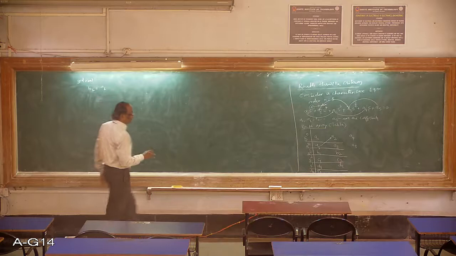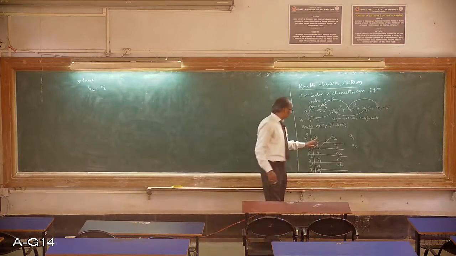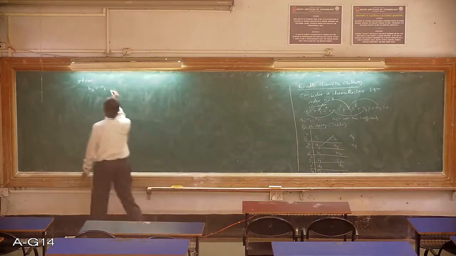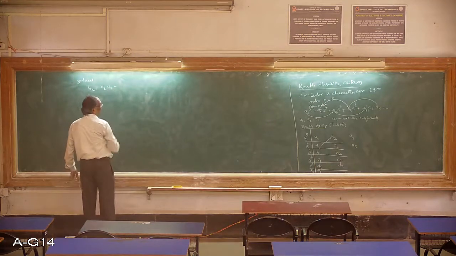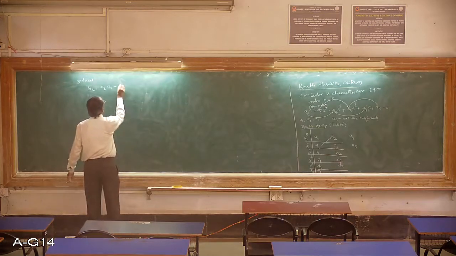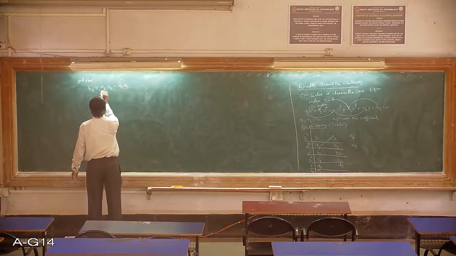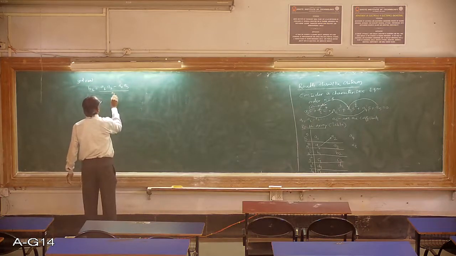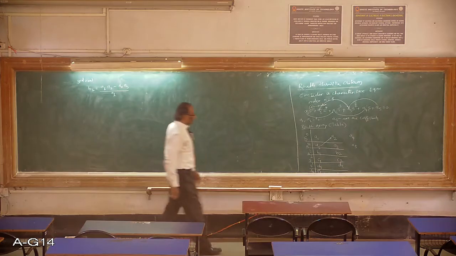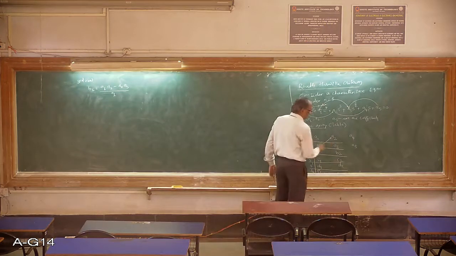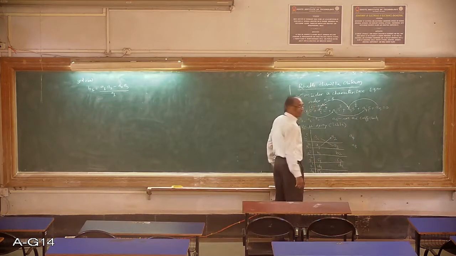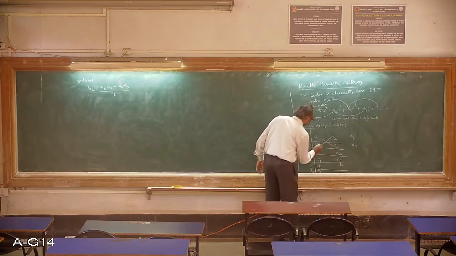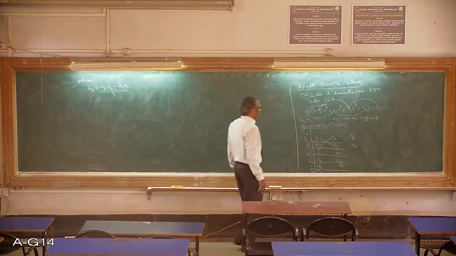In the matrix case you would consider A0 A3 minus A2 A1, but here it will be A1 A2 minus A0 A3, divided by A1. So B1 is equal to A1 A2 minus A0 A3 divided by A1.